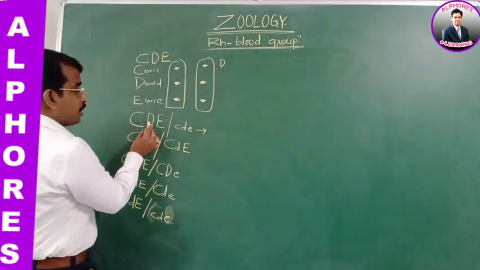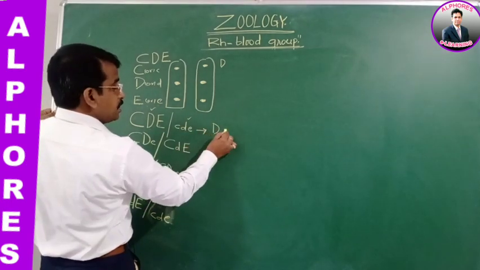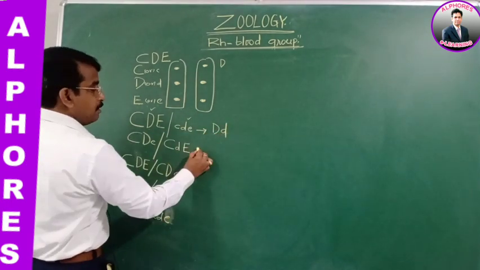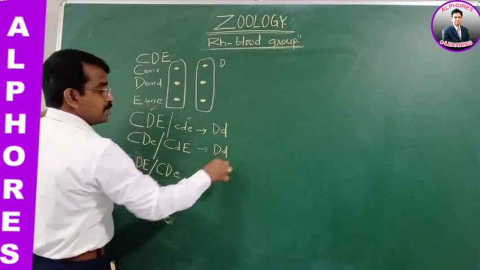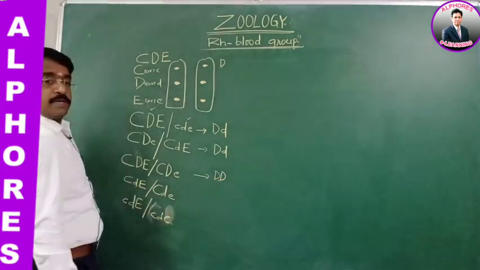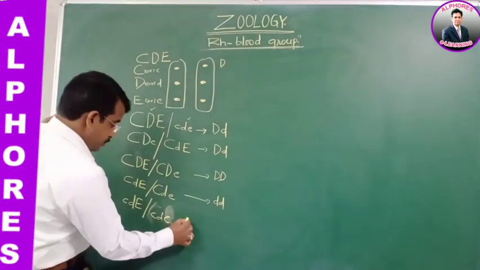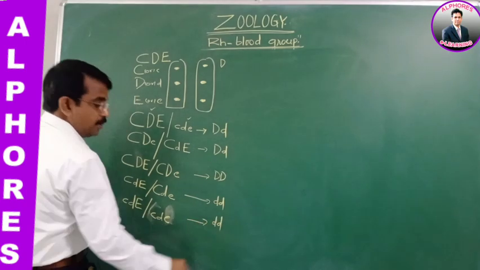So here, this is what is taken into consideration: capital D, small d; next, capital D, small d; here, capital D, capital D; here, small d, small d; here, small d, small d.